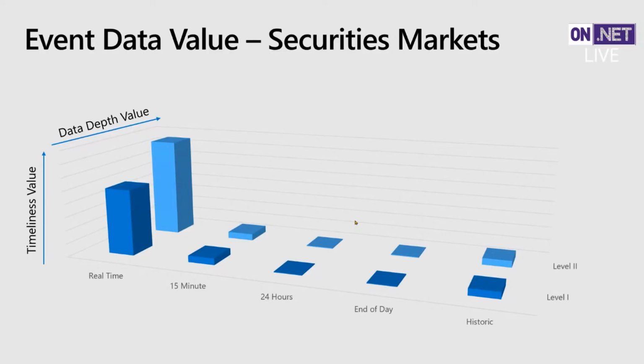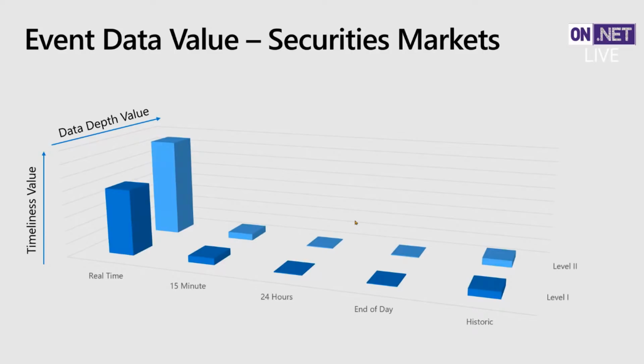Bloomberg, for instance, has made its entire fortune selling that data in a very timely fashion. Once the data is a few minutes old, the value drops dramatically until it's basically worth nothing after 24 hours. So freshness is the key element of why those events are so valuable.